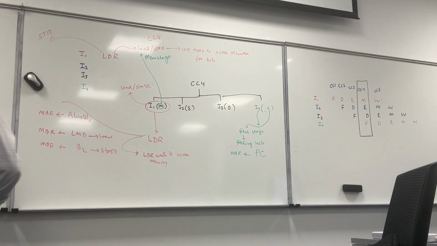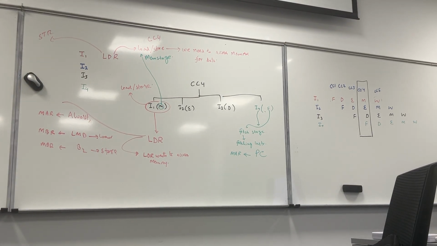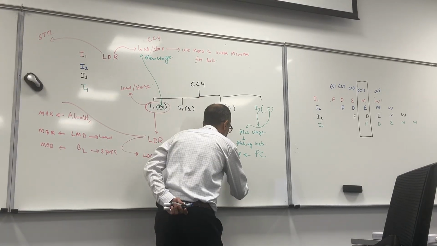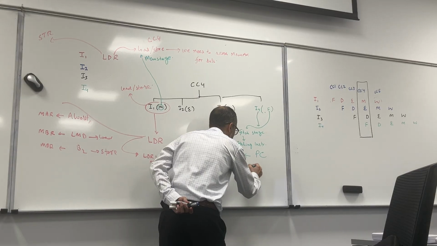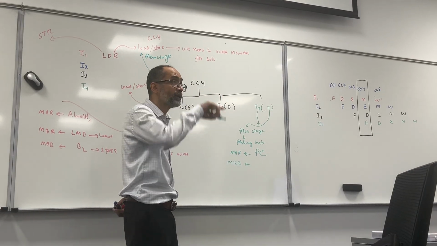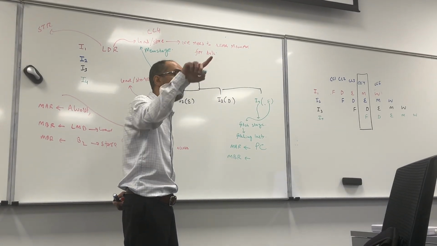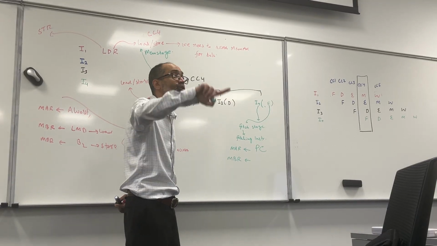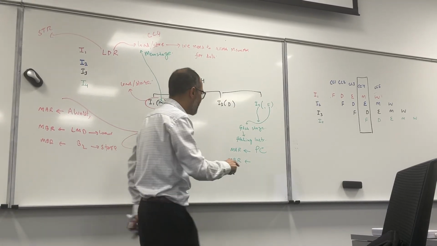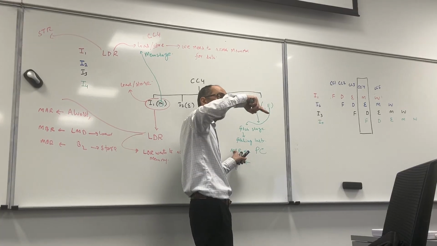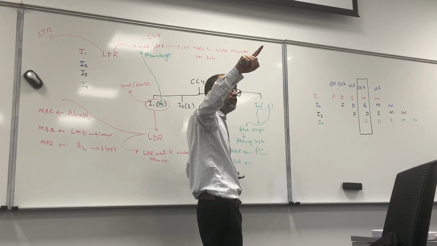And what will be the value of MBR? Remember, MBR is connected to IR, because whatever is the content of MAR will go to MBR, and from MBR it will go to IR.